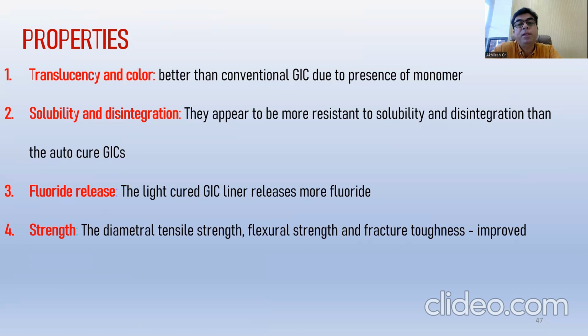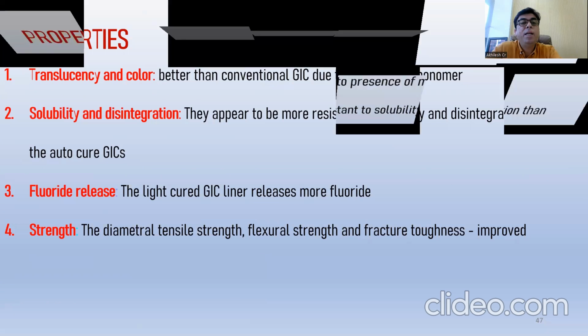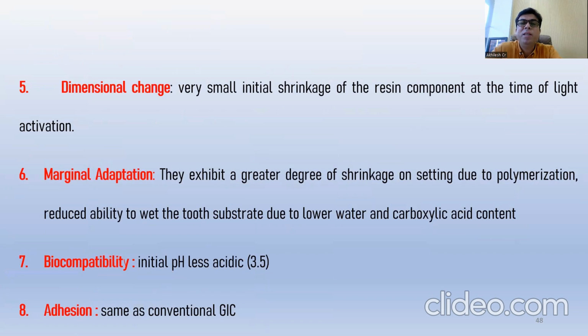Fluoride release: the light cured GIC liner releases more fluoride, and the diametral tensile strength, flexural strength, and fracture toughness are improved. Dimensional change: very small initial shrinkage of the resin component at the time of light activation. Marginal adaptation: they exhibit a greater degree of shrinkage on setting due to polymerization, and reduced ability to wet the tooth substrate due to the lower water and carboxylic acid. Biocompatibility: initially the pH is less acidic. Adhesion is same as conventional GIC.